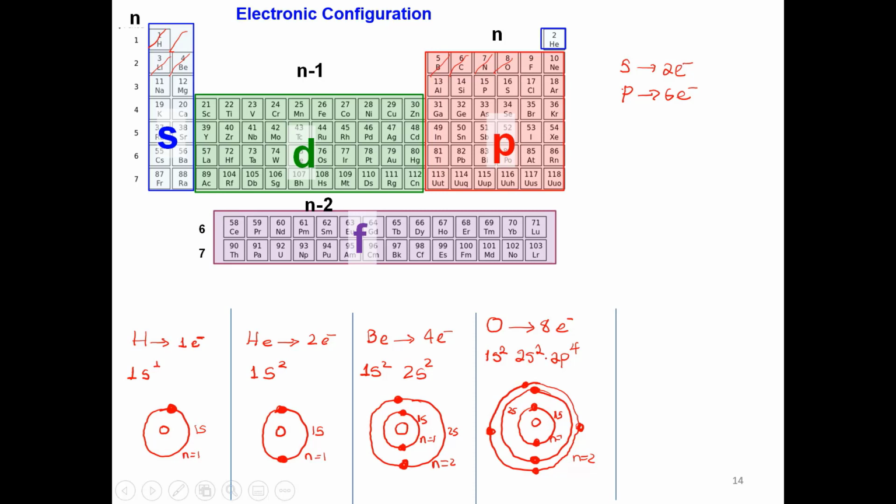Let's try the last example. Let's try for neon. And in case of neon, we had 10 electrons.